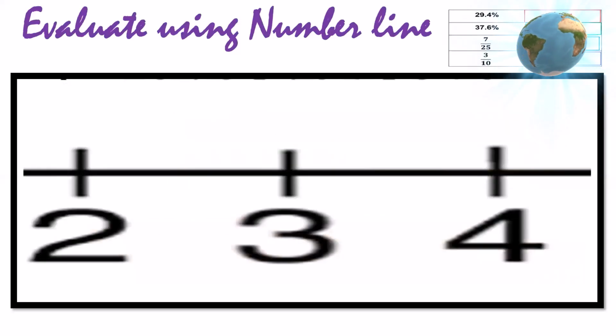When we look at the data or the values, we notice that our values are only between 20% and 40%, assuming. Now, let's plot our first value, which is 29.4%, and it will be located slightly in front of 30%.